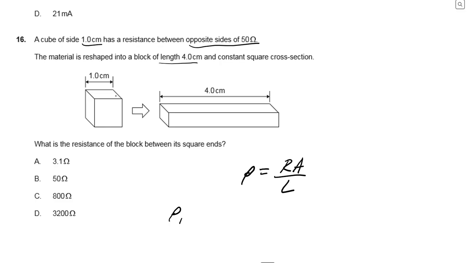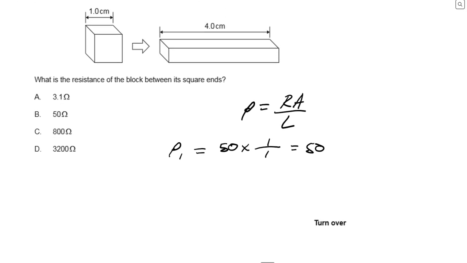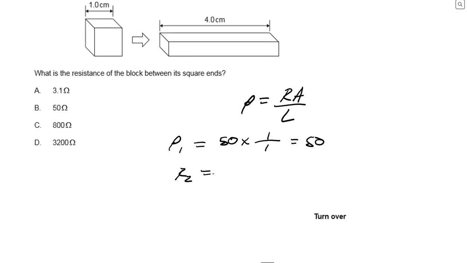So the resistivity of this block is resistance, that is 50, times area, that is 1 by 1, that is 1. And then our length is also 1, since it's a cube, so 50. Then we want to find the resistance of the second block.